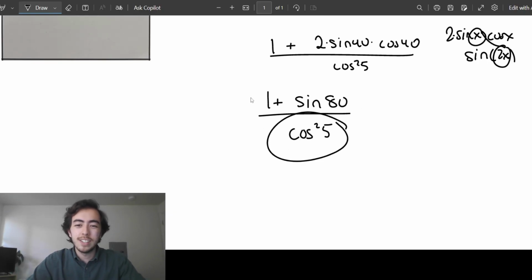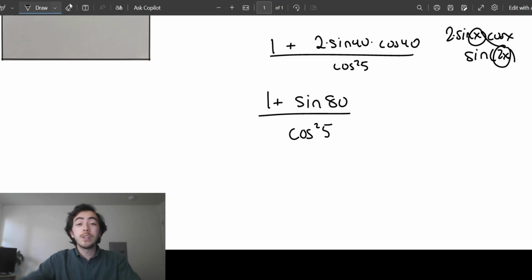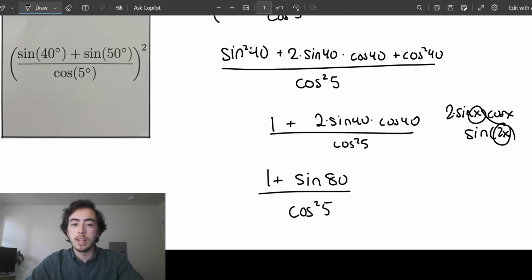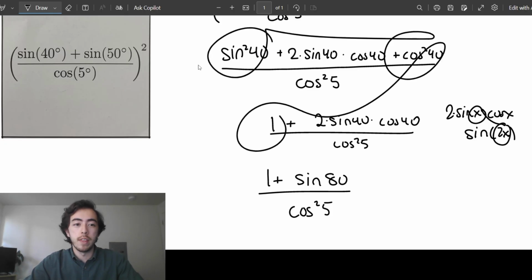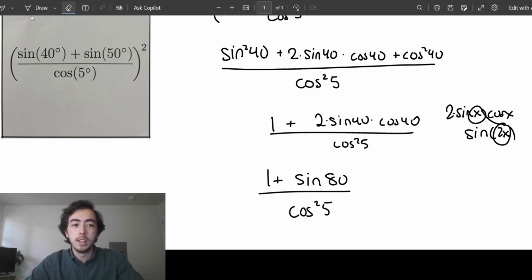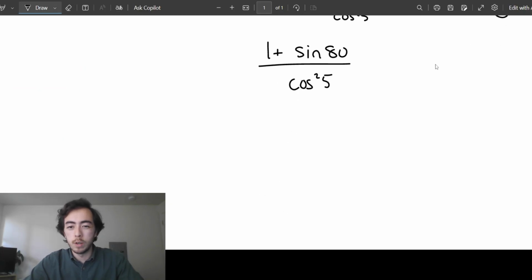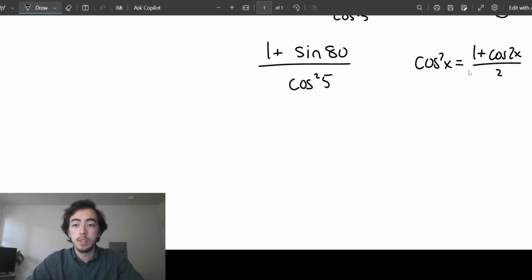And this isn't really fun. I don't like having that squared, really. Although, fortunately, there are these other squared identities, ones that are different from the Pythagorean identity that I just did. This one reminds me of the double angle identity for cosine. I also know that cosine squared of x is equal to 1 plus cosine 2x all over 2.